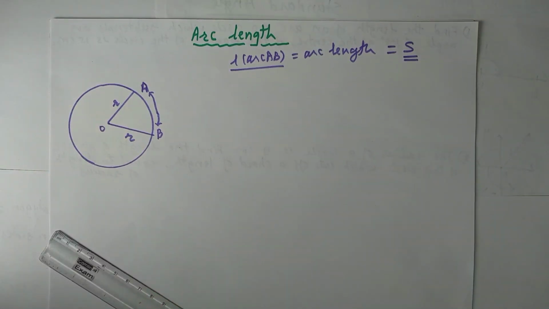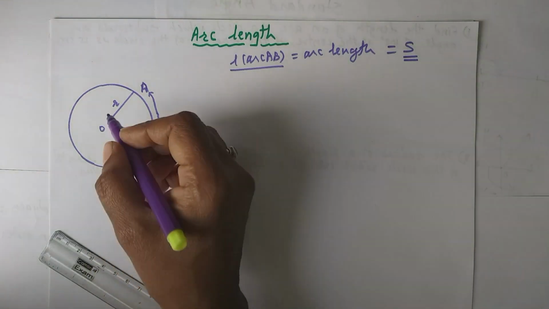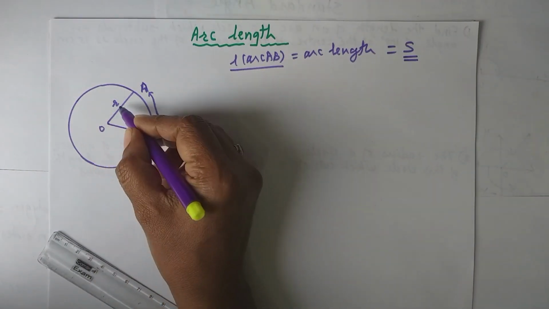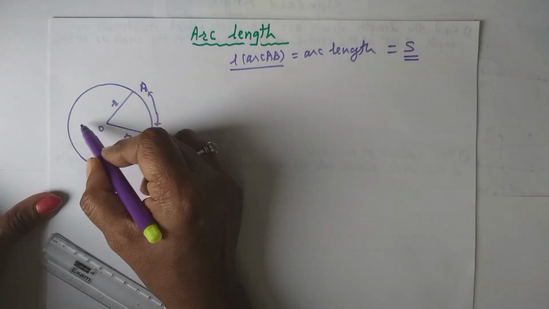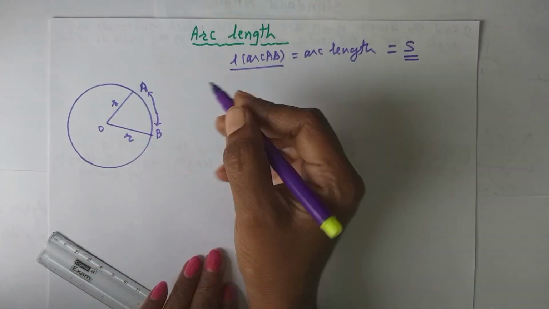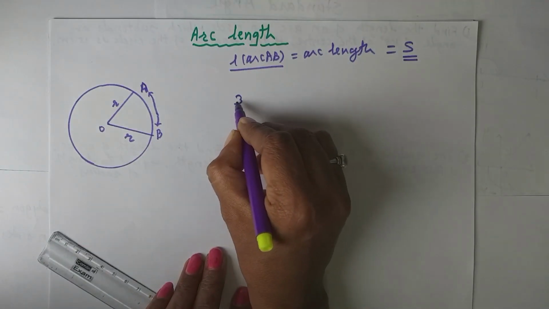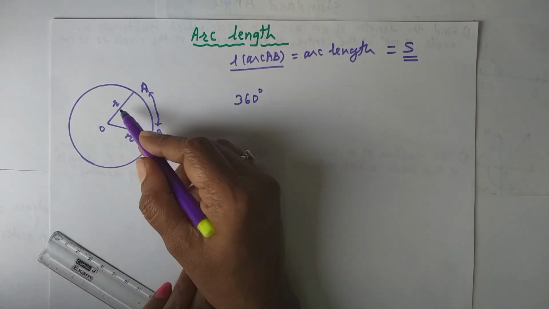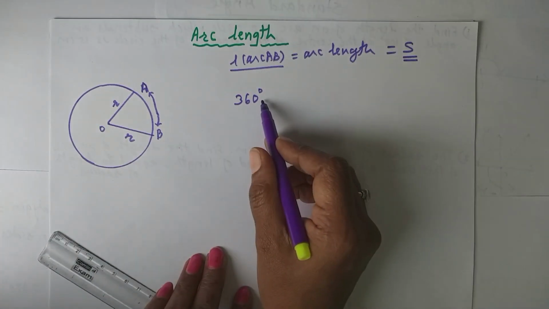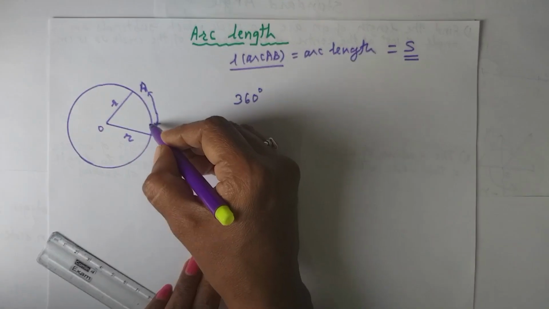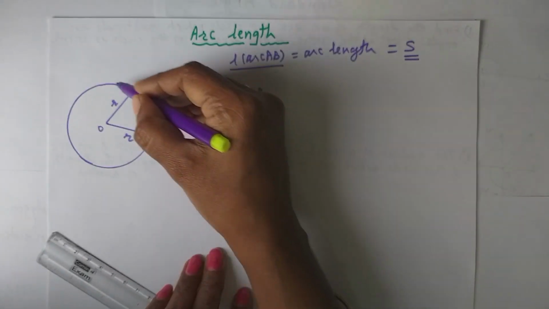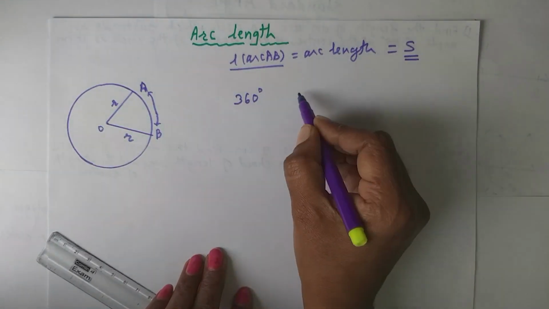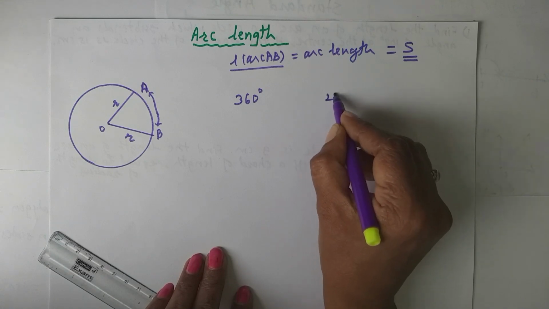Okay. Now, we know that if there is one complete rotation, then an angle of 360 degrees is formed. And what will be the arc length? In that case, arc length will be the circumference of the circle.